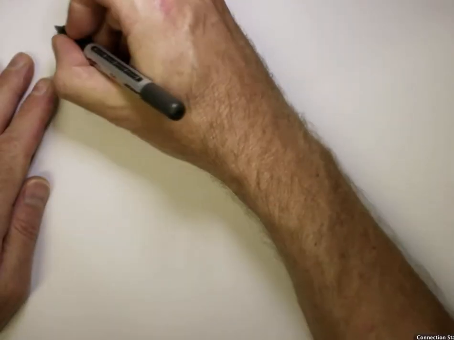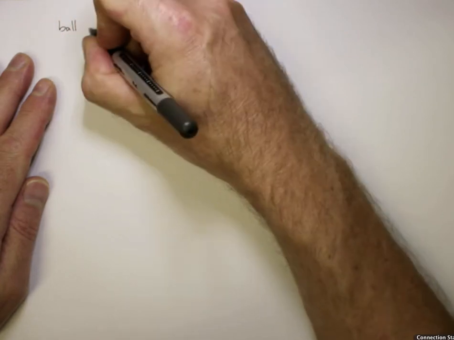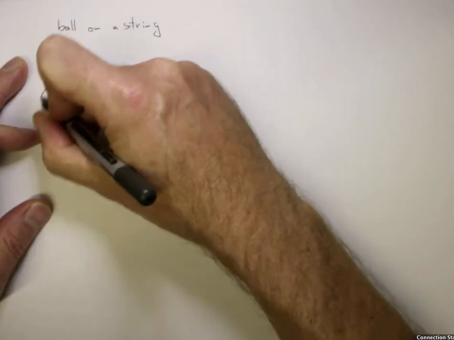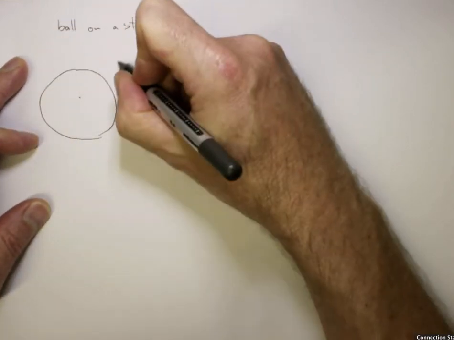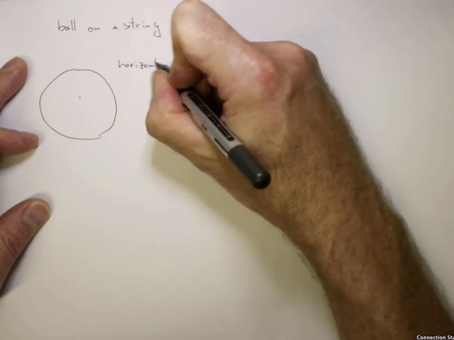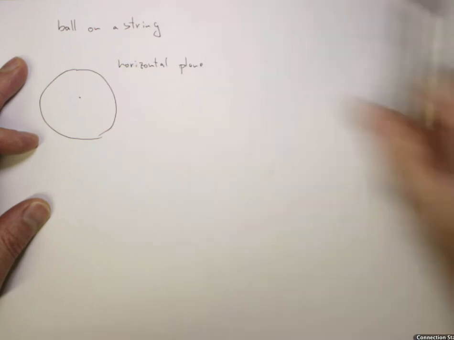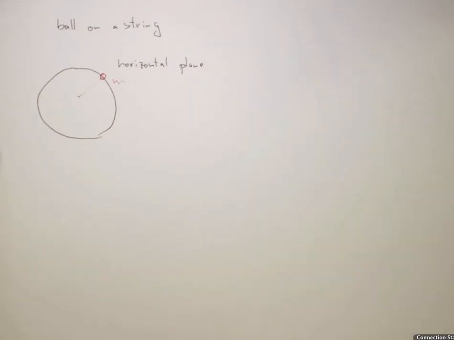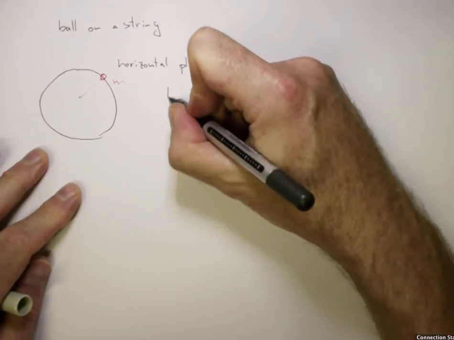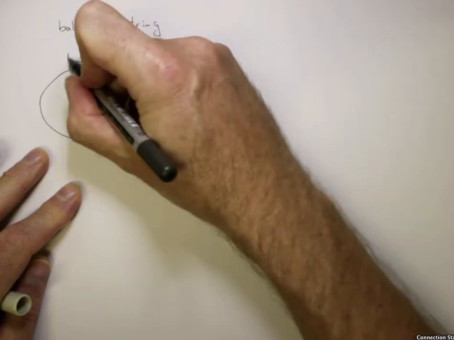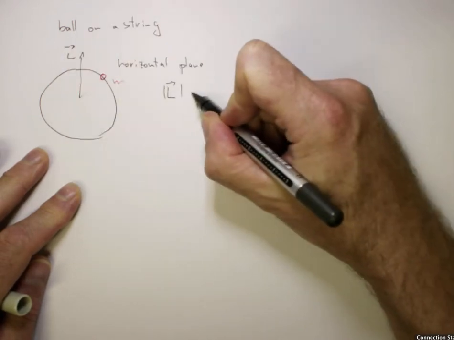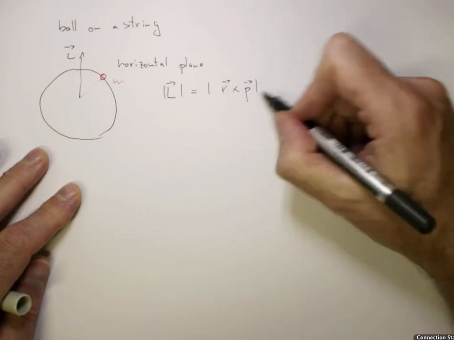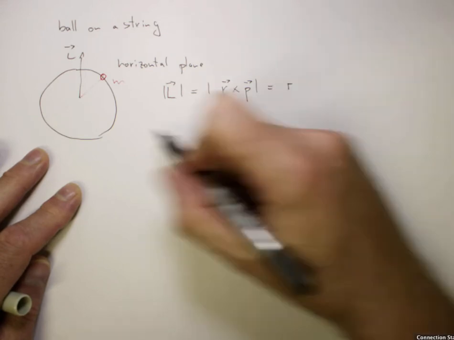Let us illustrate angular momentum with the example that we have used earlier, ball on a string. If we consider this ball circulating about the origin in the horizontal plane, then we can work out the angular momentum, which is pointing upward and has a magnitude of the cross product r cross p. We can substitute and obtain r, which is the radius.